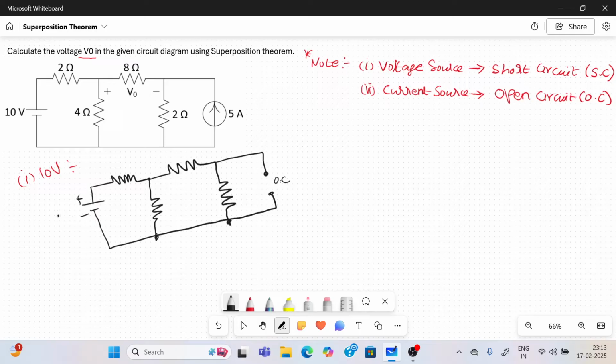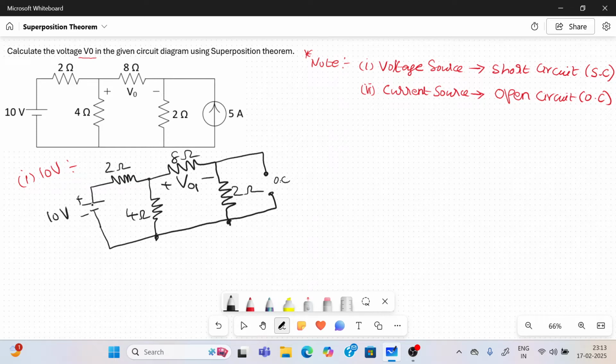What is the voltage value? 10 volt, 2 ohm, 4 ohm, 8 ohm, 2 ohm. I will call the voltage V01, since only the 10 volt source is kept.